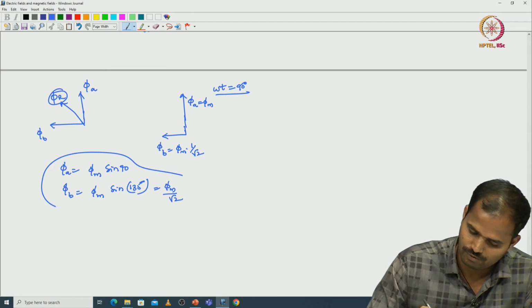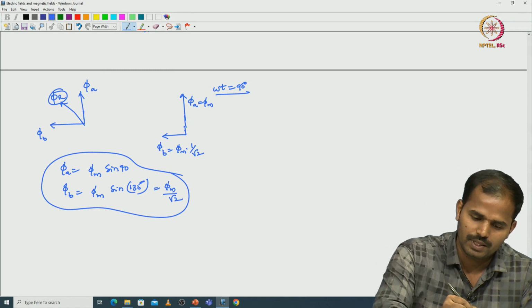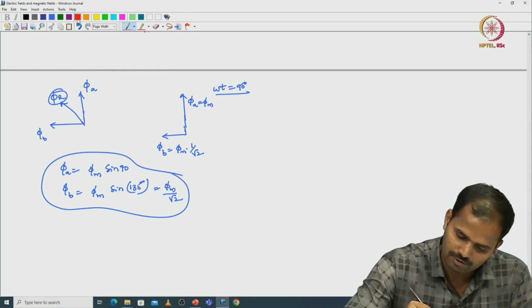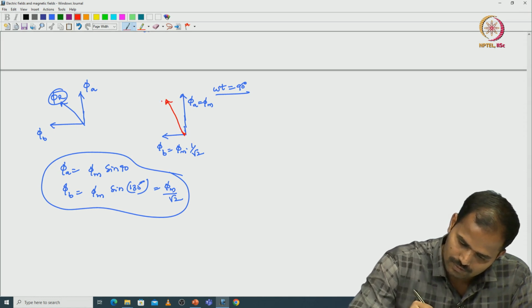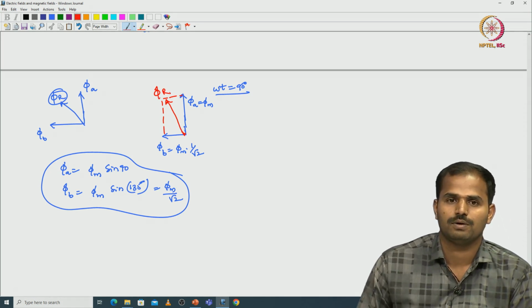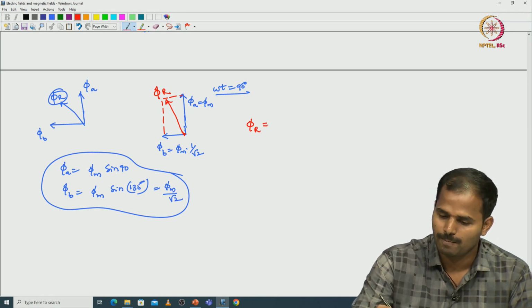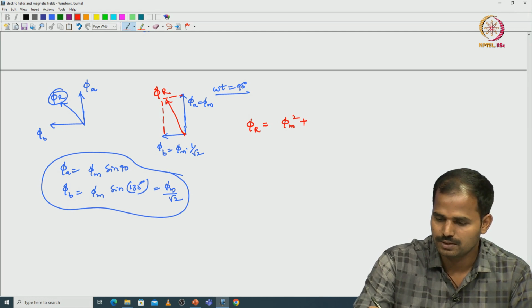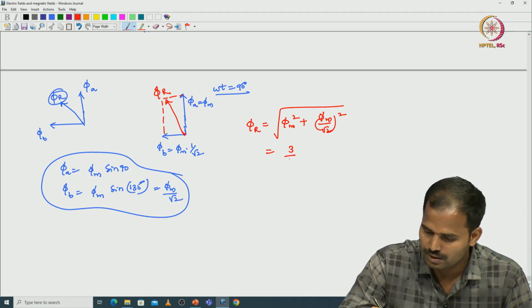I am considering these phi A and phi B values with respect to the currents. Then the resultant vector with these magnitudes will be in this manner. This is the phi r magnitude. Here phi r magnitude is the square root of phi m square plus phi m by root 2 square, which results in square root of 3 by 2 into phi m.